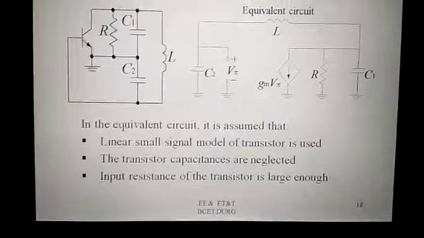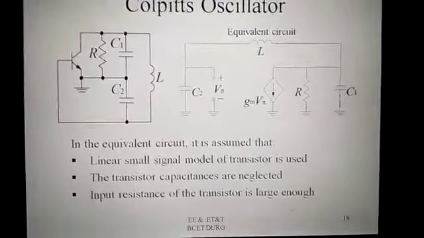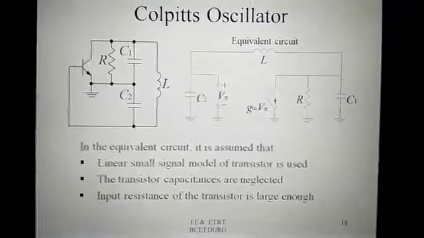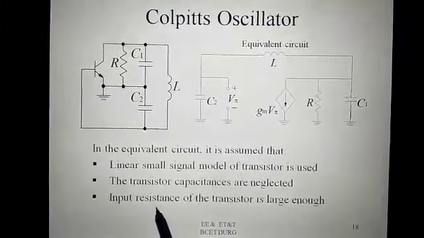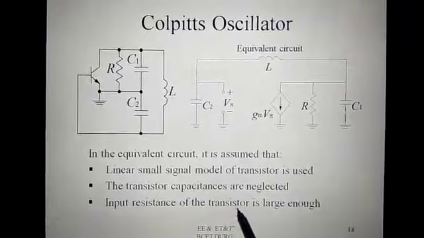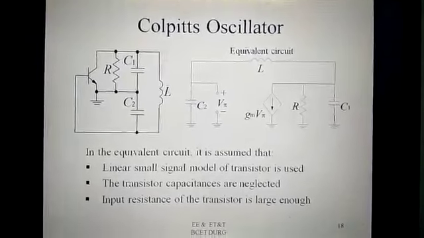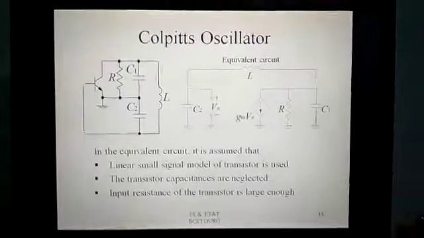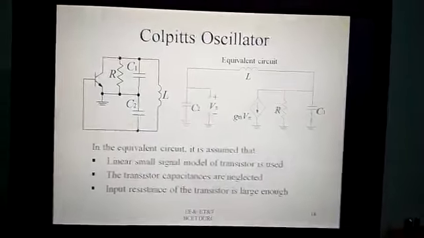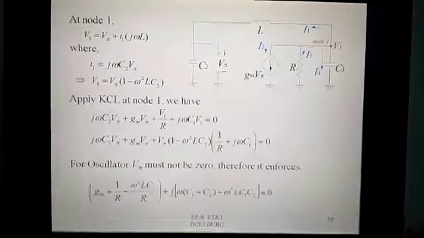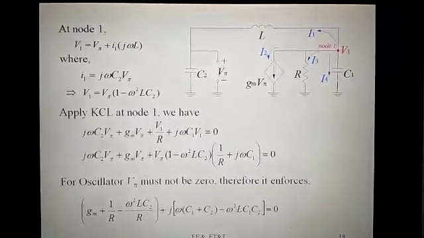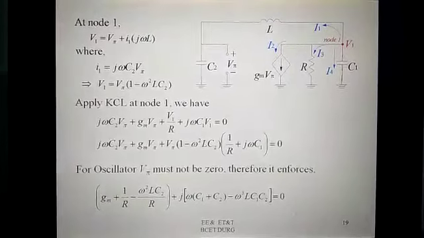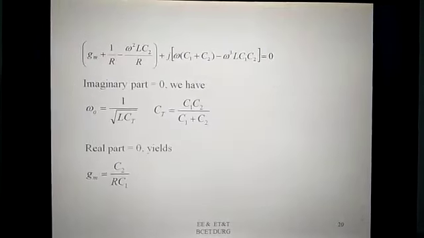The linear small signal model of the transistor is used. The transistor capacitances are neglected. And the input impedance of the transistor is large enough. These are the assumptions which we made for analyzing the Colpitts and LC oscillators. This is the equivalent diagram and the calculation of the particular oscillator circuit.